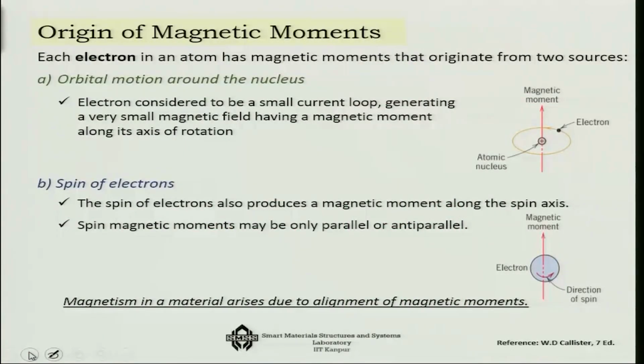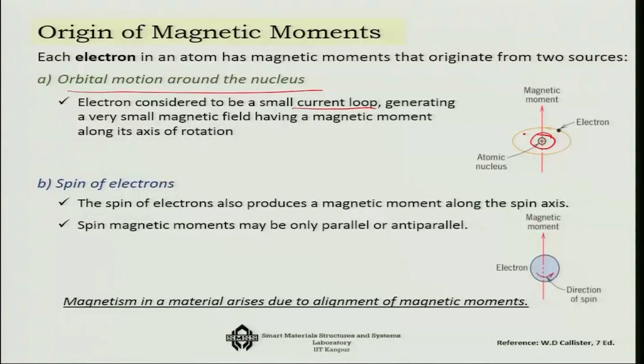Now what are the origins of such magnetic moments? Well, there are two sources. One is the orbital motion of electrons around the nucleus, because they are like very small current loops, each electron orbiting along the atomic nucleus of a system.